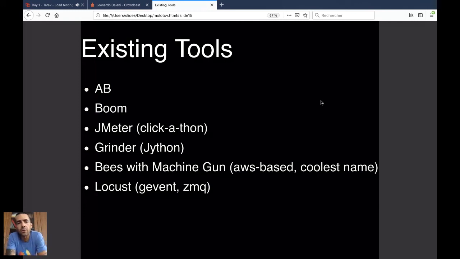There are other tools. There is one called Bees with Machine Guns. It's basically a script that uses Amazon to deploy nodes to do some testing. The name is cool. It deploys a lot of nodes on Amazon and then does some load testing.